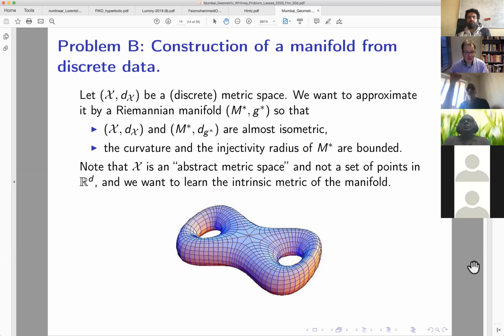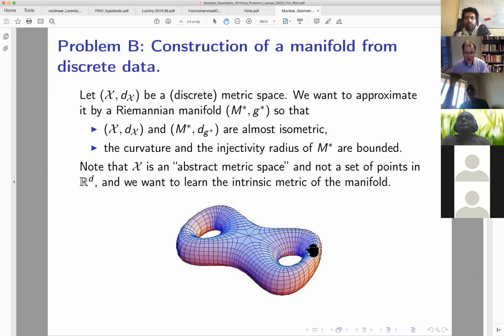In applications, I would say that it is a discrete metric space, but that's not really necessary. Then we want to construct a smooth Riemannian manifold that is almost isometric to it. And then we want to bound the curvature and the injectivity radius from below.